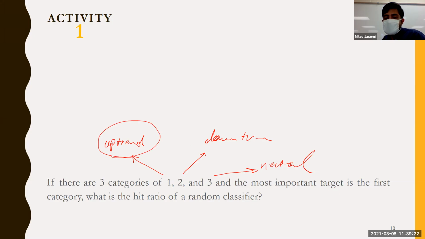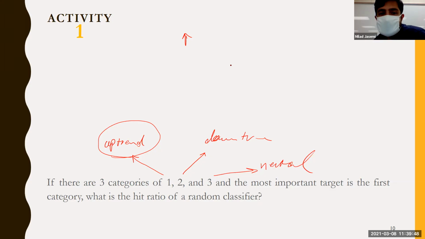Okay, what is the hit ratio of a random classifier? What does it mean? Imagine you are working in the market randomly. You randomly say if this trend is upward or not, randomly. What is the hit ratio? I don't want the answer from you now. First, I want you to do it, simulate it, and just do it with Excel.